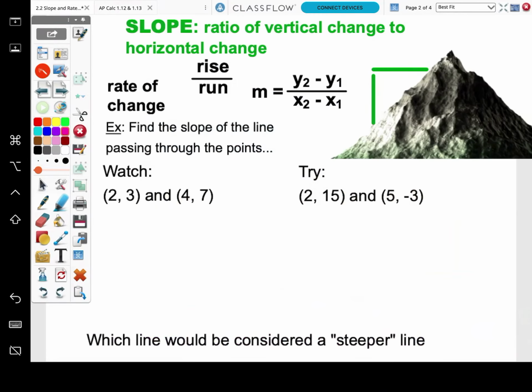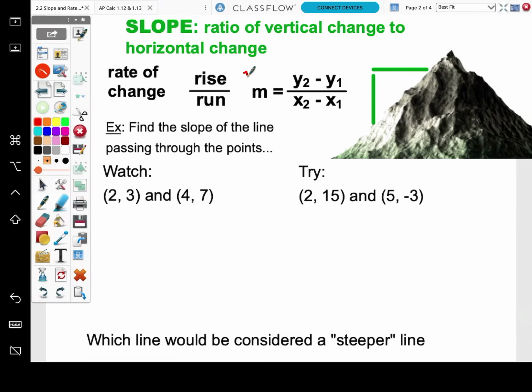Sometimes. So slope, officially, you've talked about slope many, many, many times. This should not be new material, but worth repeating because it is so incredibly important. So slope is the ratio of vertical change to horizontal change. We've talked about slope as rate of change just now with the desert example. You've probably talked about it quite a bit as rise over run.